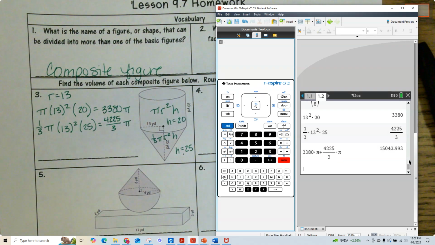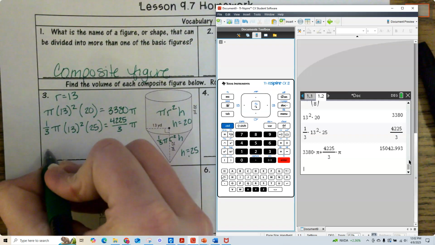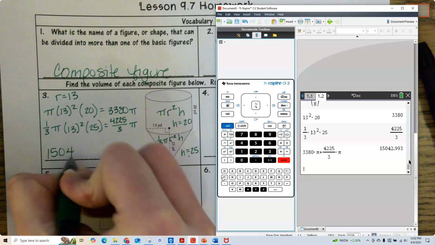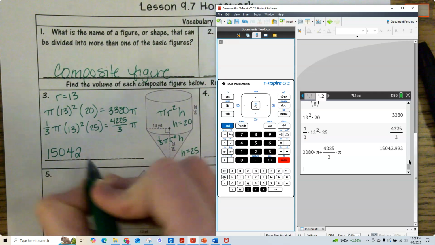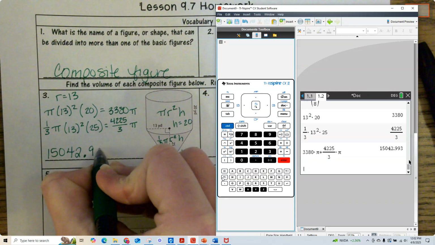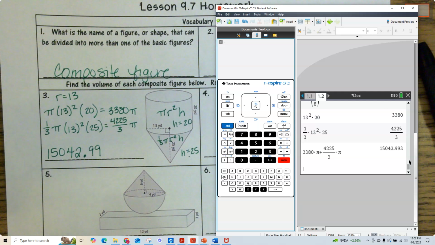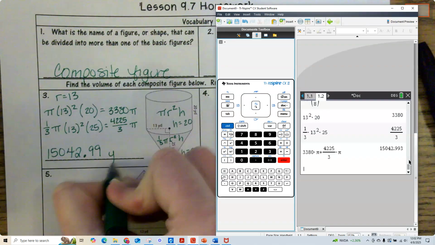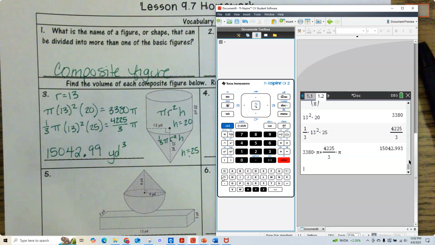And then we're rounding to the hundredth, so 2 numbers after the decimal. So 15042.99 yards cubed. Same thing that we've been doing. We're just adding 2 shapes together now.